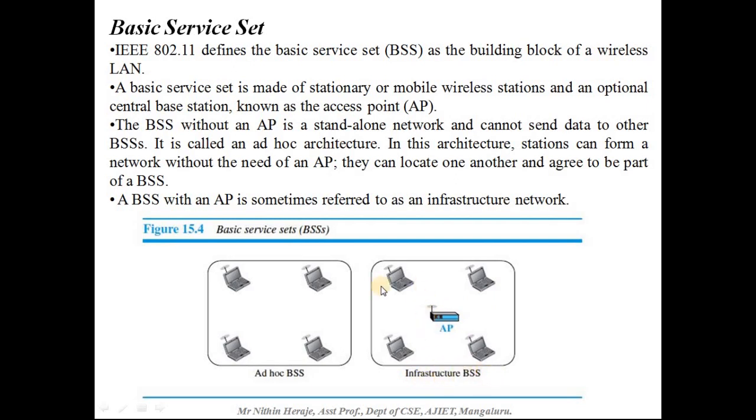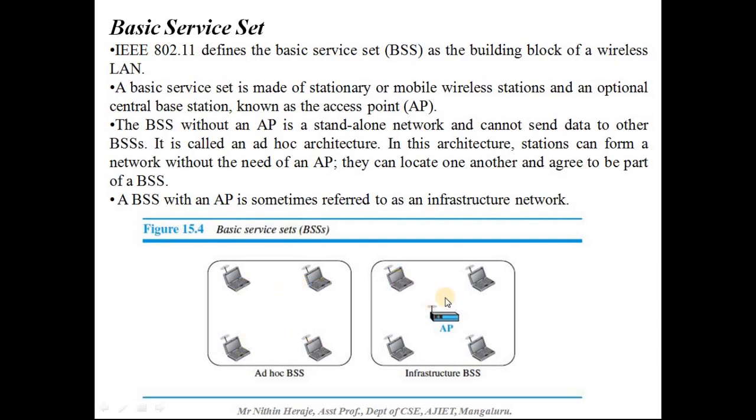Whereas if you look at this, there is no access point as such, and there are nodes you can see over here. Here the nodes can set up a network among themselves, which is called a standalone network, so they can communicate with each other.